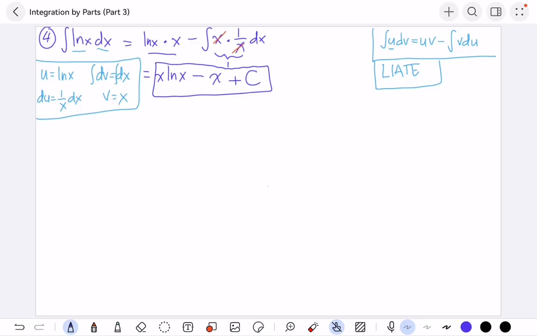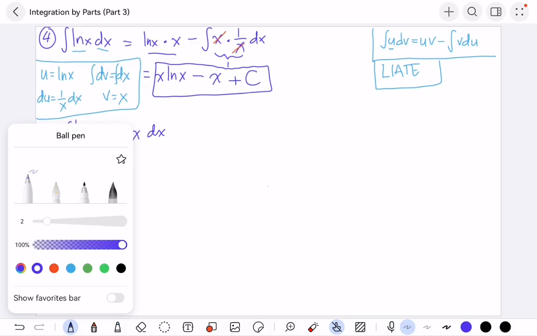Okay, another example, number 5. Integral of arctan x dx, evaluated from 0 to 1. So this is a definite integral. The integrand involves only an inverse trigonometric function, so definitely that's going to be my u.